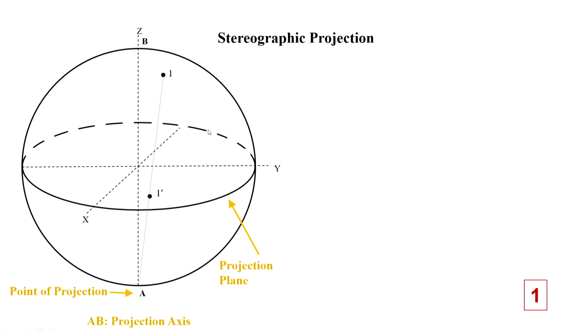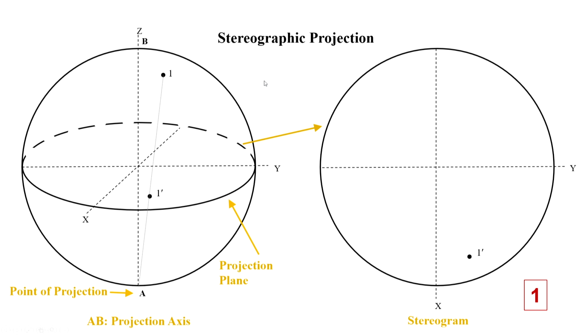Therefore, this becomes a representation of this pole 1 on a two-dimensional plane. So, I can take this two-dimensional plane out of the sphere, and I can put this point 1 on the projection plane. Such a diagram is also called a stereogram. We will represent all symmetries based on such a diagram.